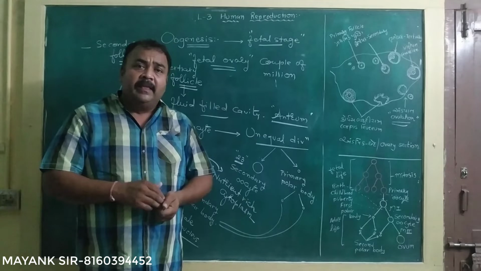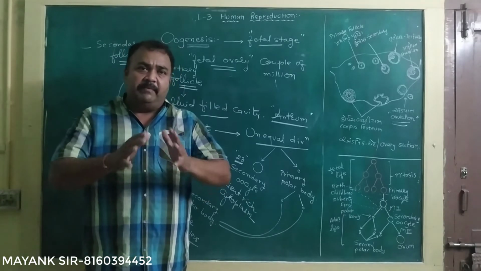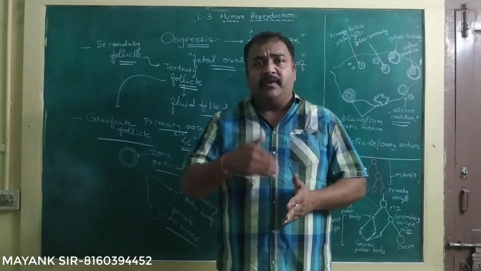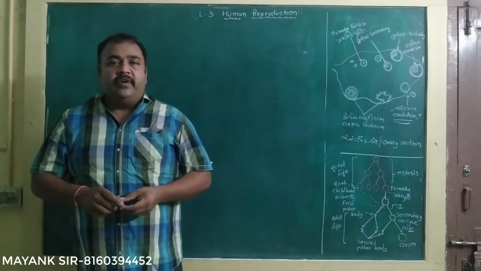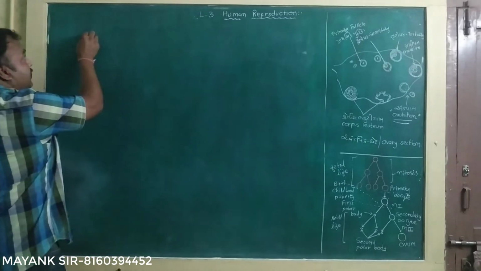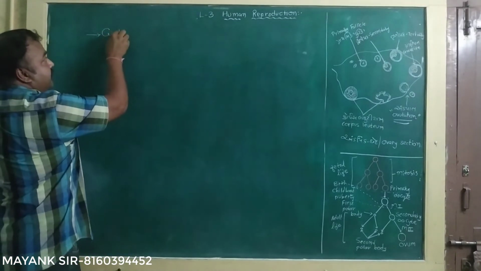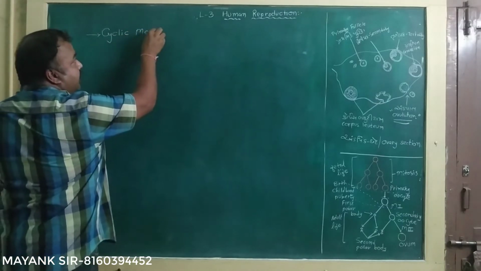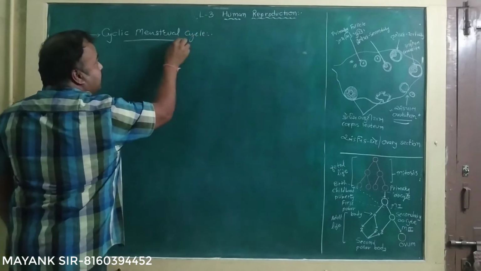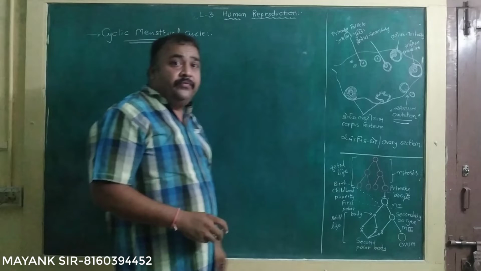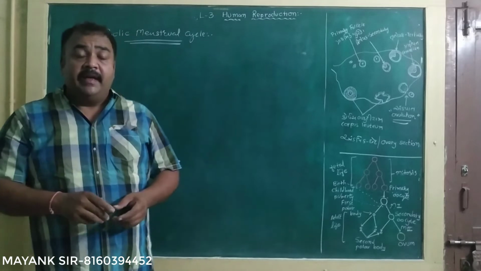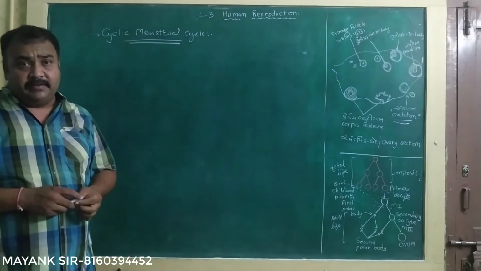And now, a characteristic of female primates, known as the menstrual cycle and menstruation, is what we are going to learn today. Now, what is the menstrual cycle? The menstrual cycle is nothing but a characteristic of primates, that means apes, monkeys, humans, and it is a characteristic of female primates.